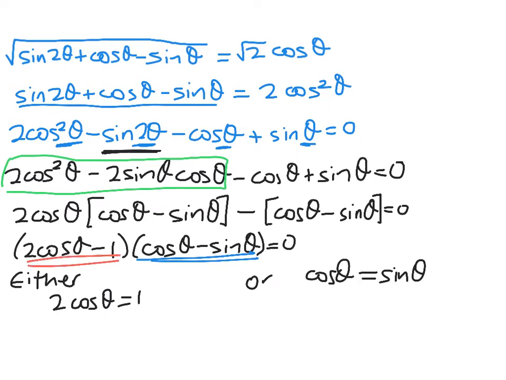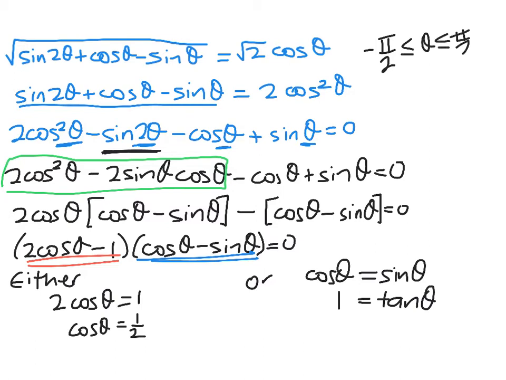So working with those, we've got cos of theta is equal to 1/2, and here we've got 1 equals tan theta. And from the first slide, remember that we're just looking for solutions between negative pi on 2 and pi on 2. So that makes it very straightforward. We can just use our graph to think about it. So here's my cosine graph.